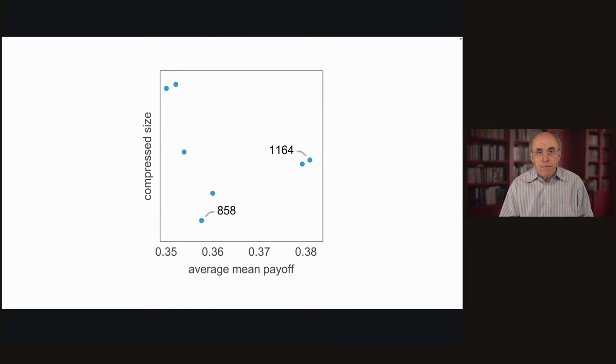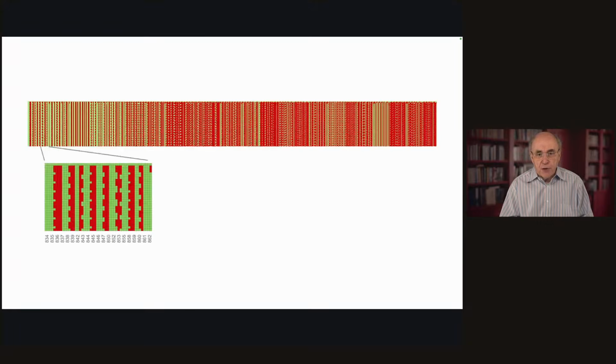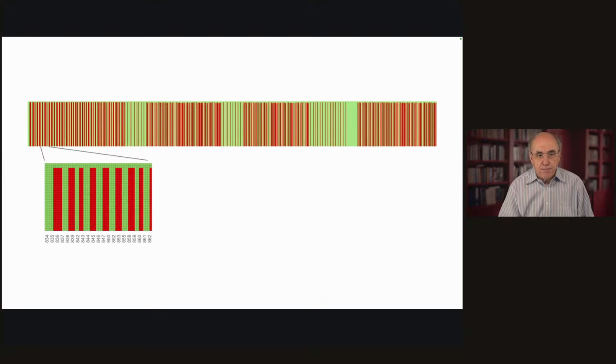So if we look at the behavior traces of these machines, that's what they look like. That's one winning machine competing against all other possible three-state machines. There's another example of that.